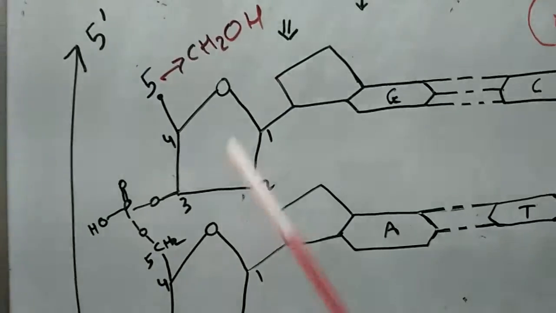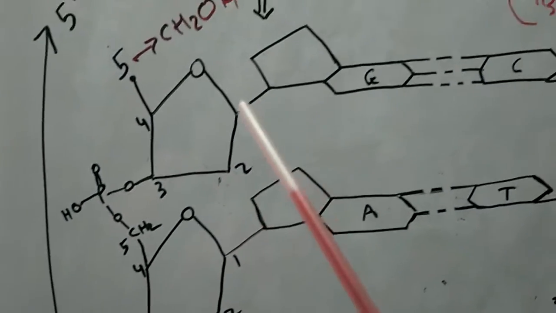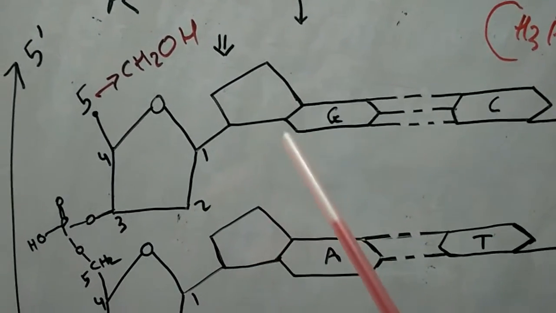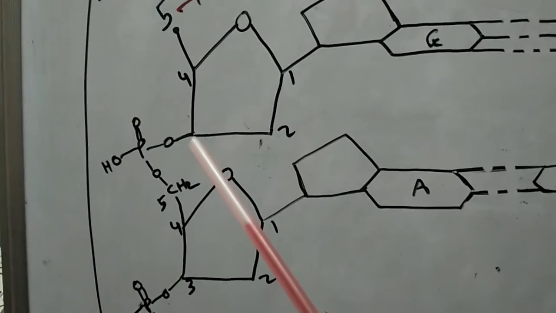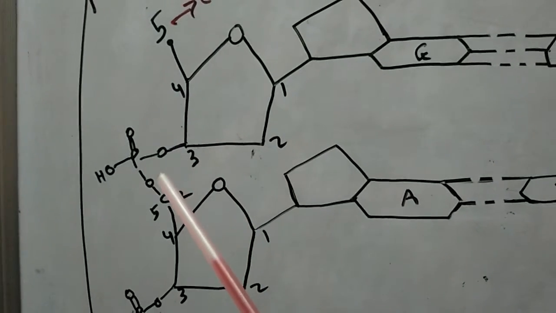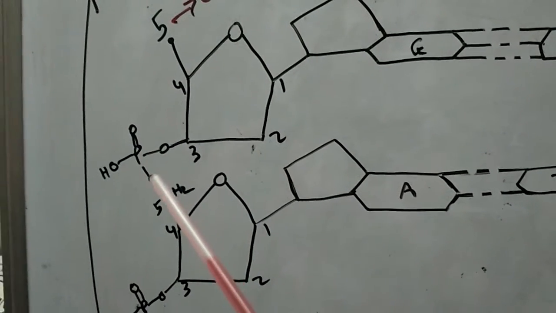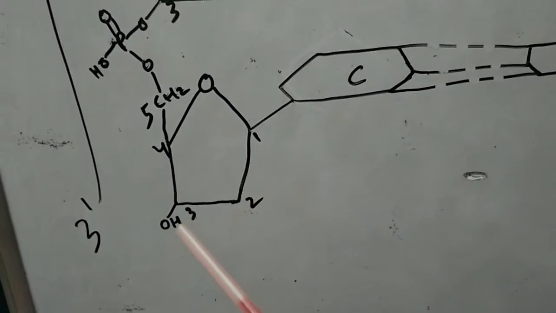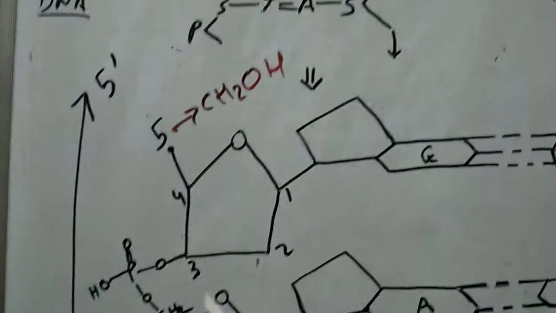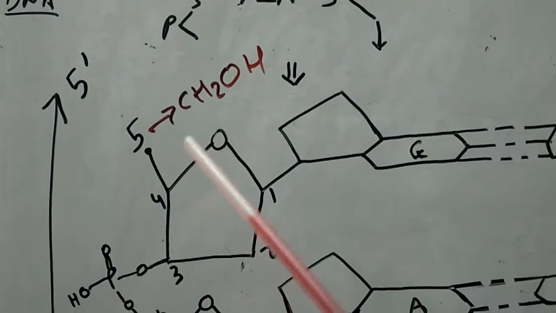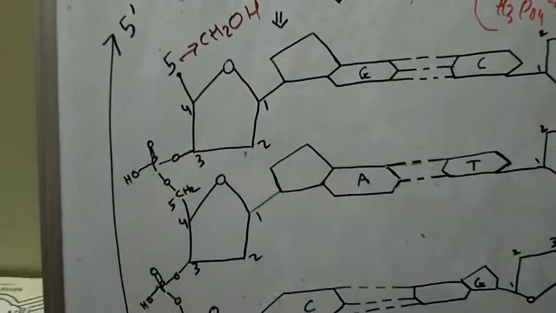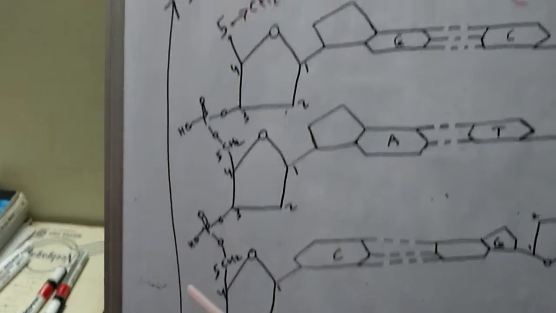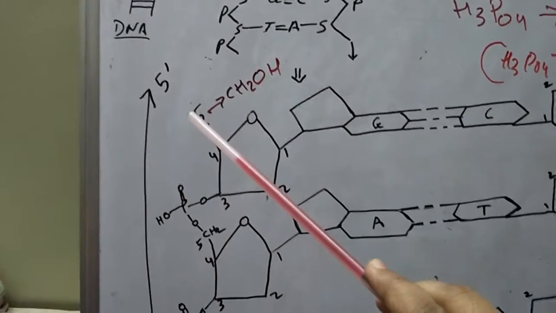So once again, sugar. On carbon number 1 we have our nitrogenous base. On carbon number 3 we have the phosphate group showing phosphodiester linkage, and on carbon number 3 we have the OH group, and on carbon number 5 we have CH2OH. So this is 3' to 5' direction.